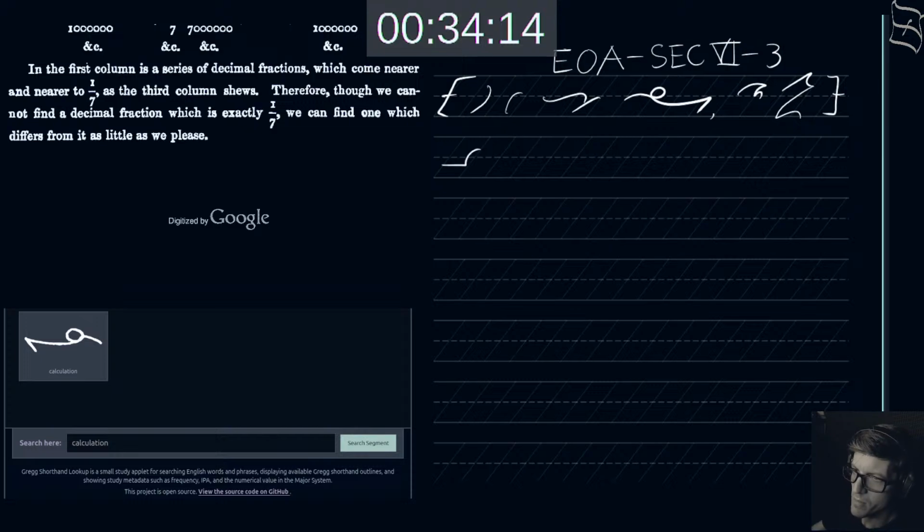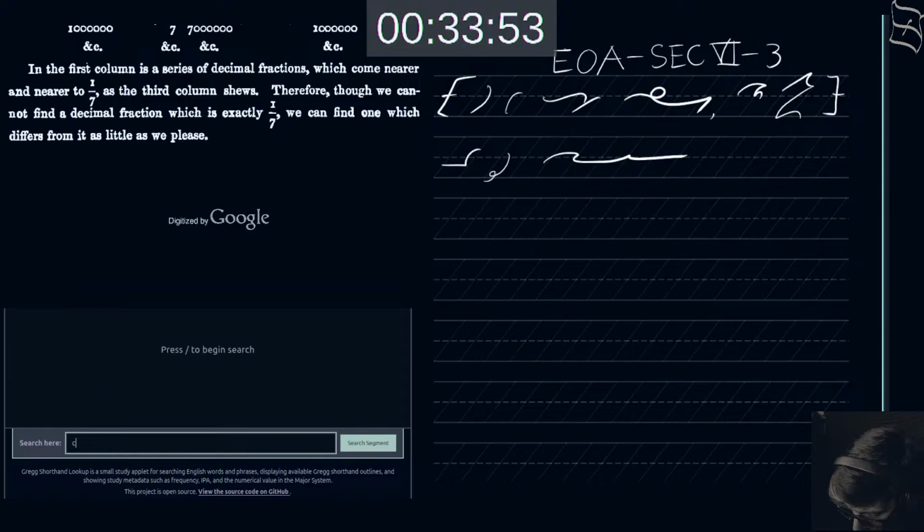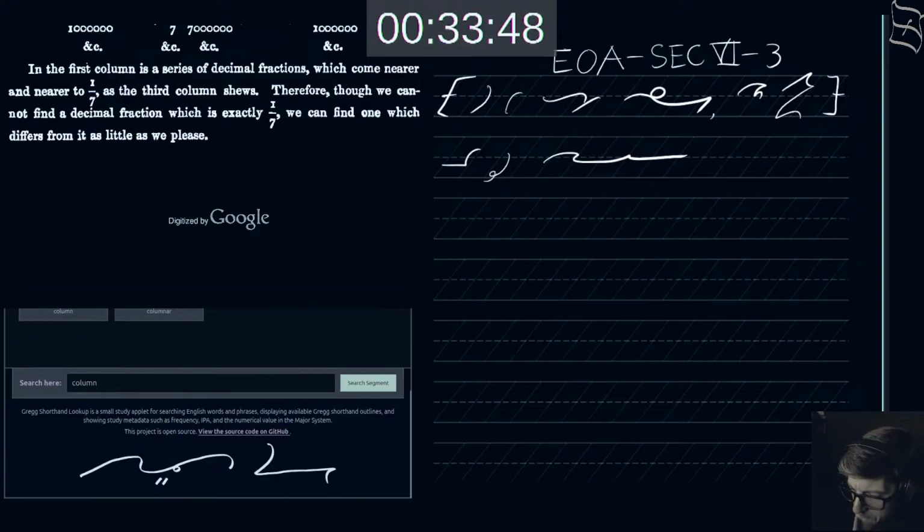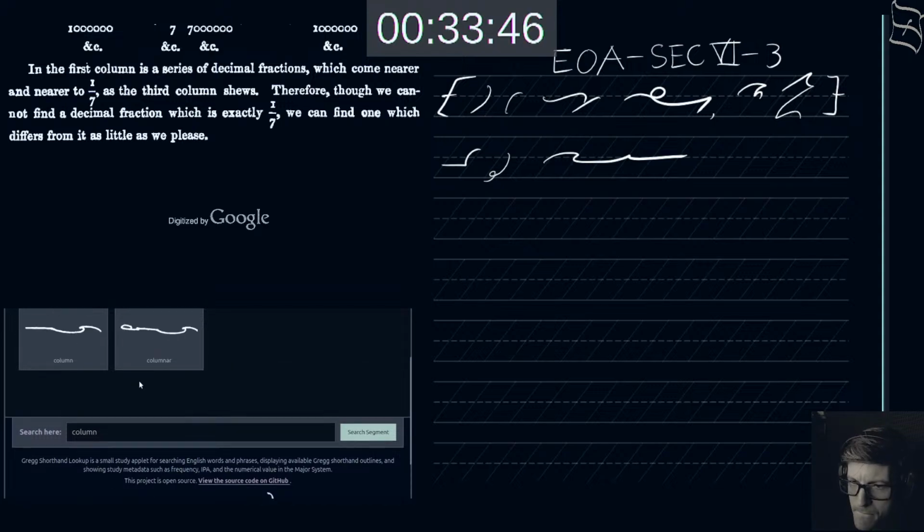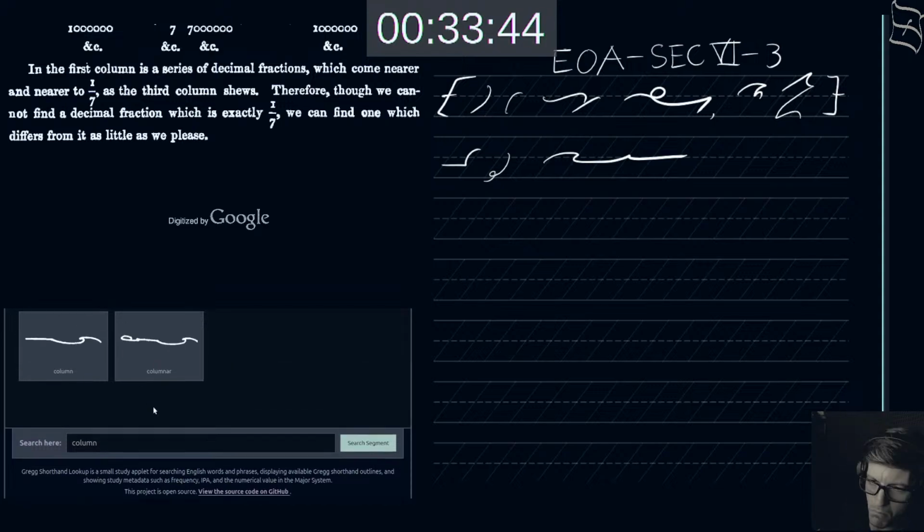In the first column is a series of decimal fractions. Column is just KOL, correct? Nope, that's it.